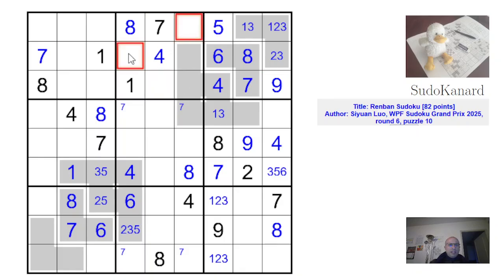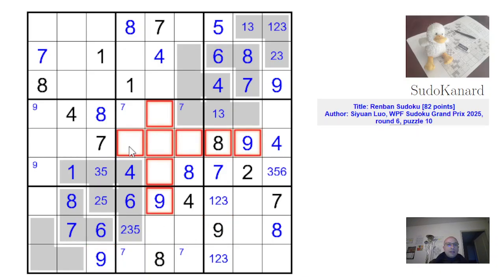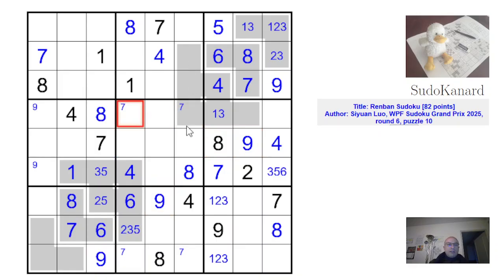No, 9 is here or there. Oh yes, there's a 9 in here. So now in this region, 9 is there. So with Sudoku, that's a 9. 9 is not inside the Renban, so that is 9 and that is 7.